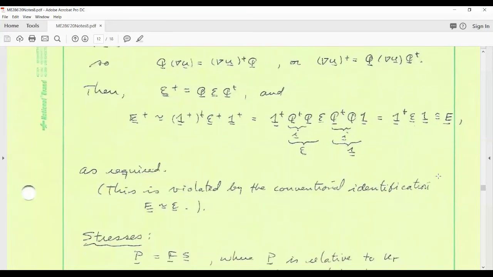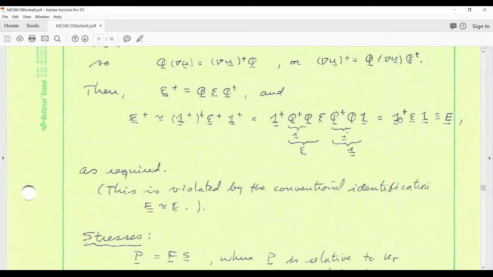Okay, and you can see that with the conventional identification, or the conventional approximation, that the strain is approximately this infinitesimal strain as we've defined it, without the shifters, this requirement here would be violated. E plus would not be equal to E anymore.